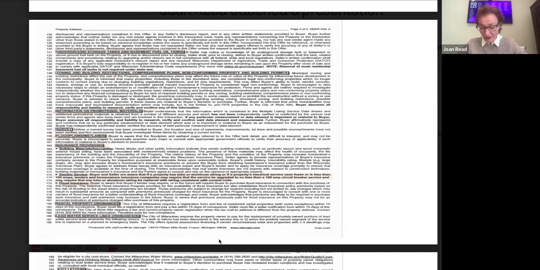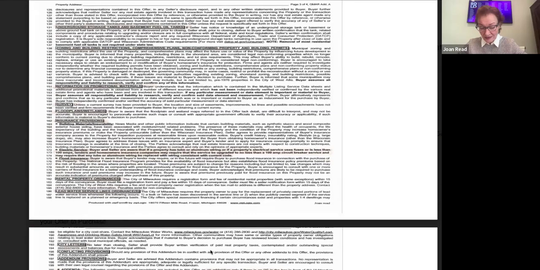Information on promotional materials just says that the information in MLS and additional promotional materials is obtained from a number of different sources and has not been independently verified or confirmed by various real estate firms and agents who have been involved in the transaction.